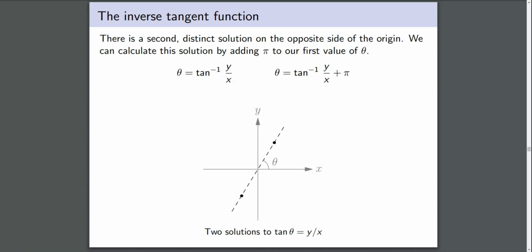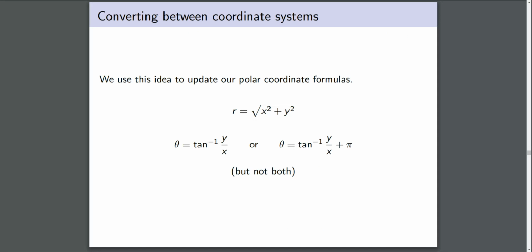The way that I move from the first solution to the second solution is by turning an angle pi, 180 degrees or pi radians. So we see that the two solutions we're looking for are related by the angle pi, and we can use this to update our formulas for finding polar coordinates.